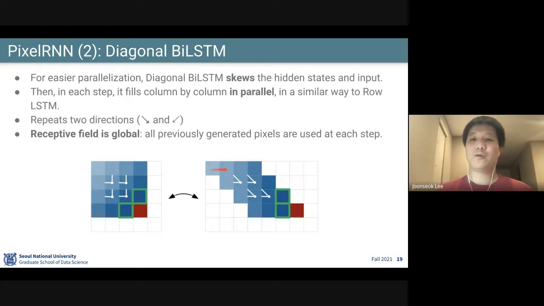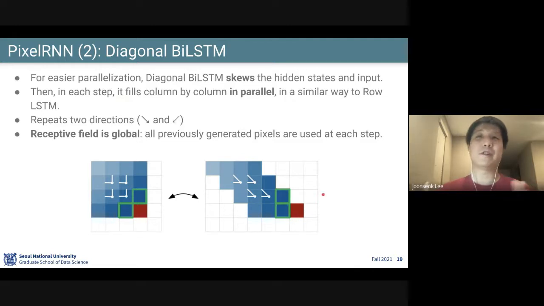So they skew the image like this. The first row is 1, 2, 3, 4. Then the next one is 2, 3, 4, 5. They skew each row like that, and then each pixel is determined based on the right, left, and above it. They use these two as their previous hidden states to determine the next pixel.